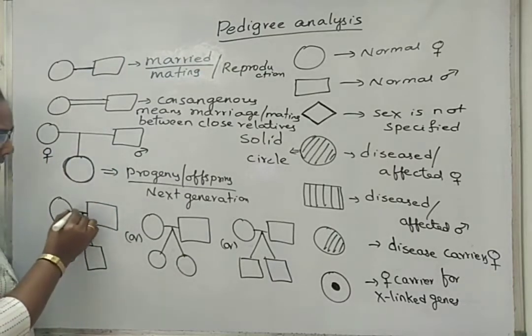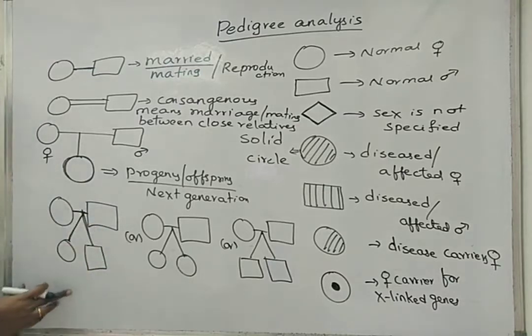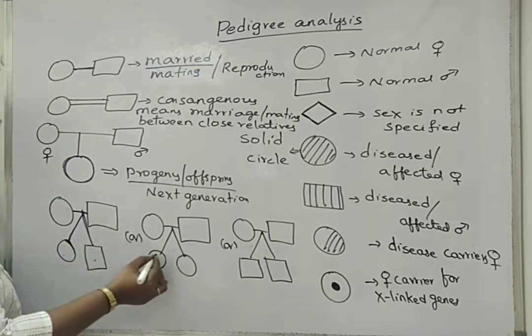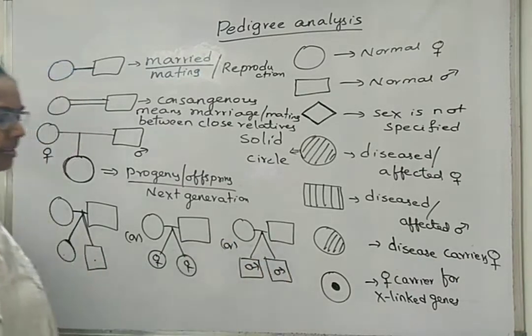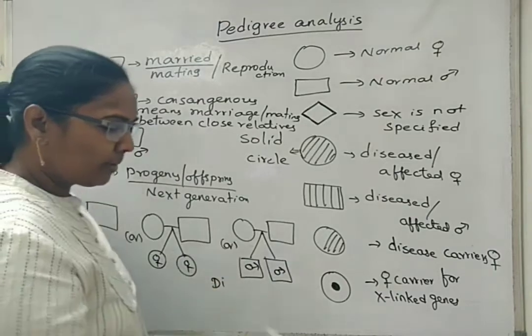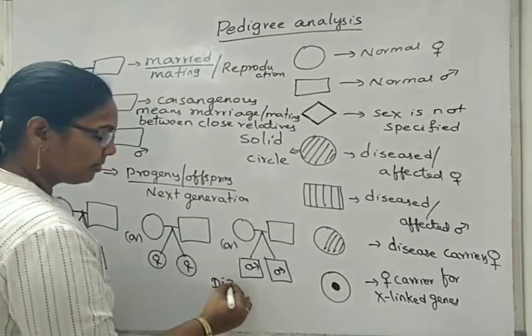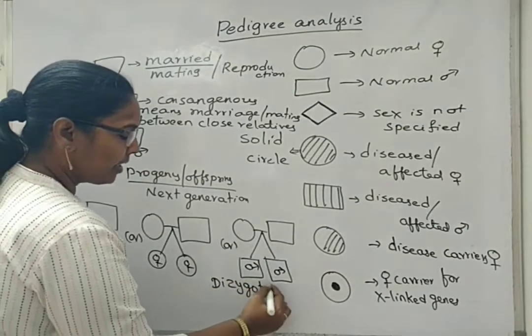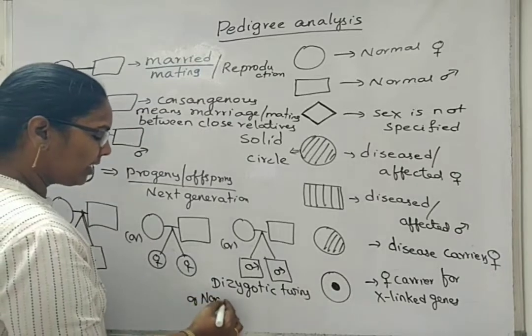But if the same representation has two offsprings, either female or male, or two females or two males like this, then such representation is called dizygotic twins or non-identical twins.